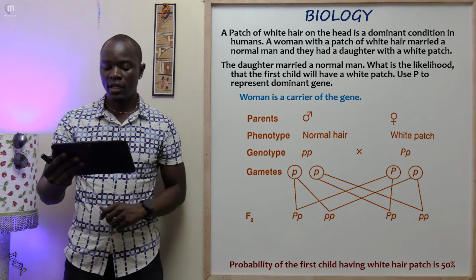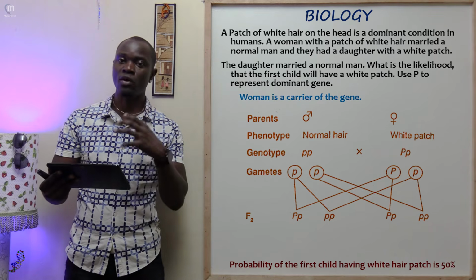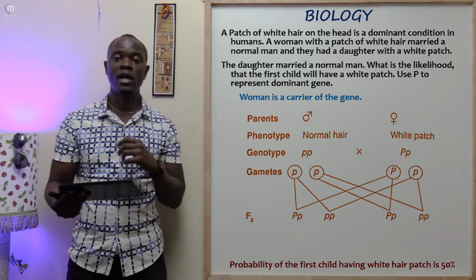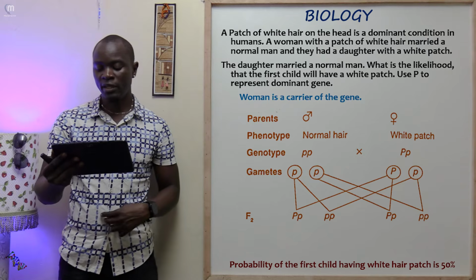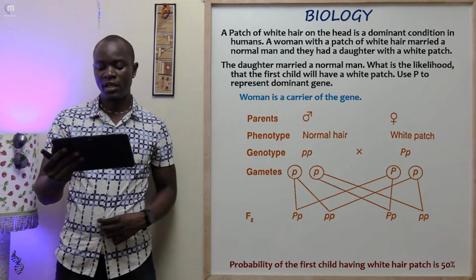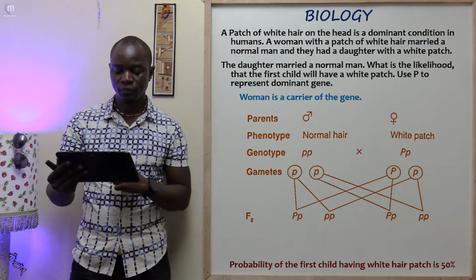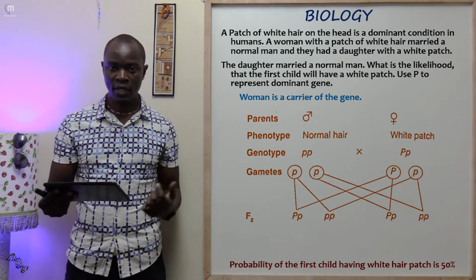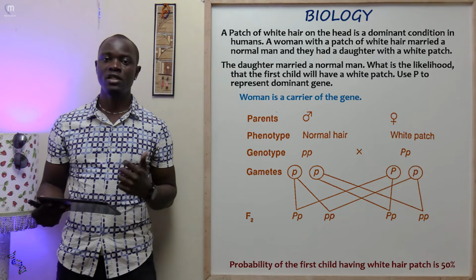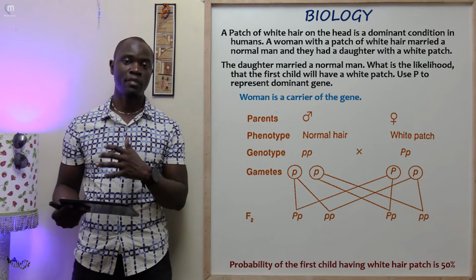So the daughter who had the white patch married a normal man, as you can see in the question. Then state the likelihood that the first child will have a white patch. We have been told to use letter P to represent the dominant gene, which is the gene for having the white patch.